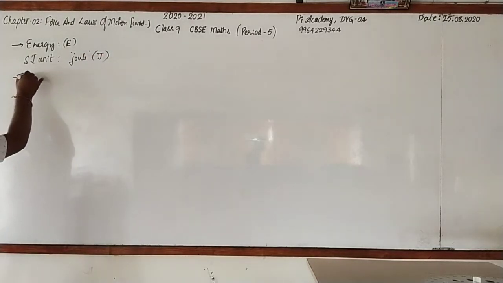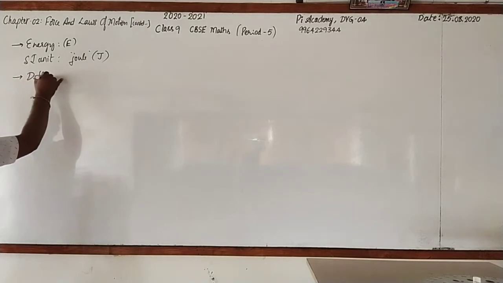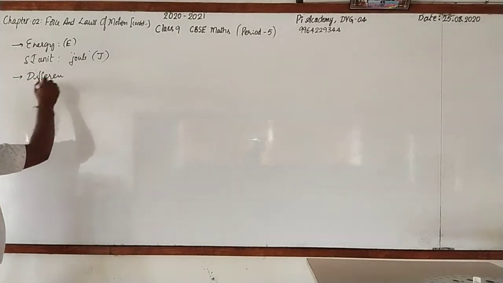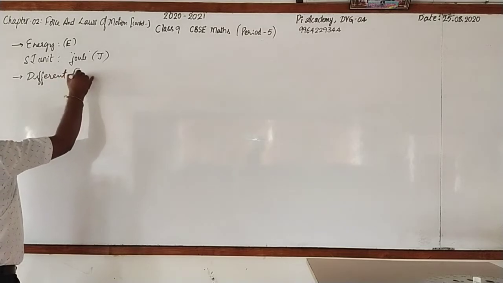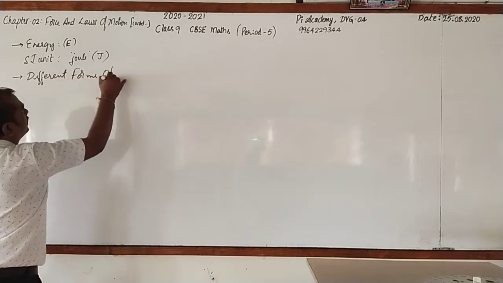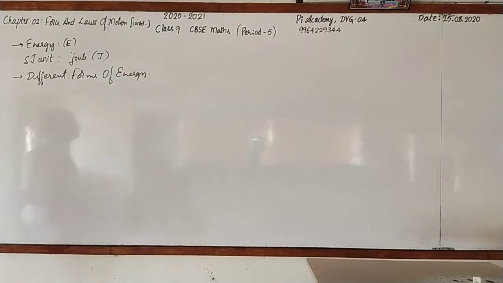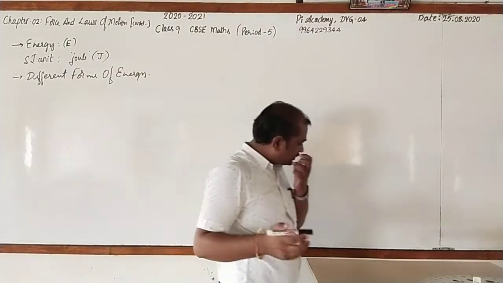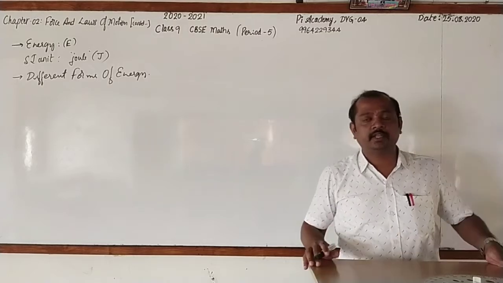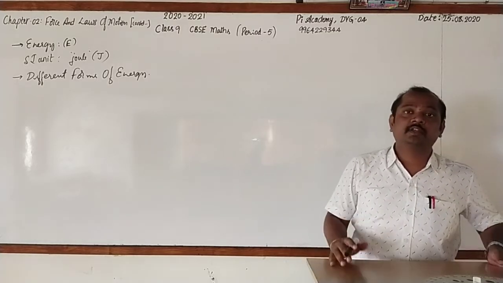Dear students, we have different forms of energy. Can you recall them? Energy produced by the sun produces heat radiations, heat energy, then light energy.